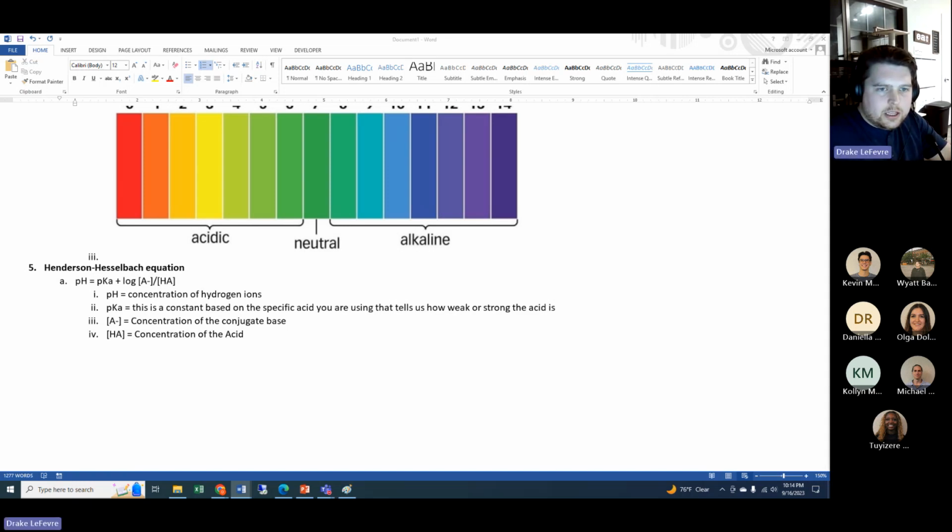And then he wants you to specifically know this one fact: at equal concentrations of conjugate base and acid, the pH is equal to pKa.